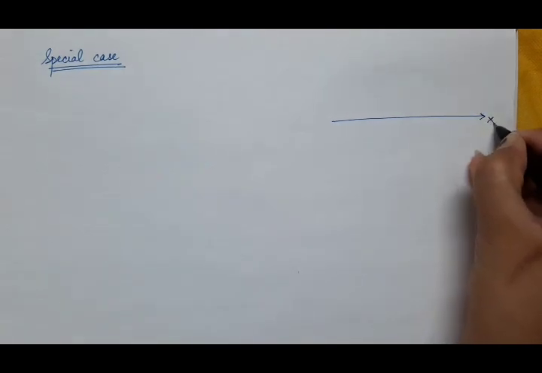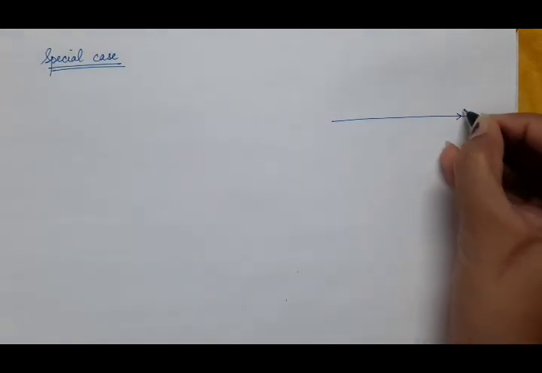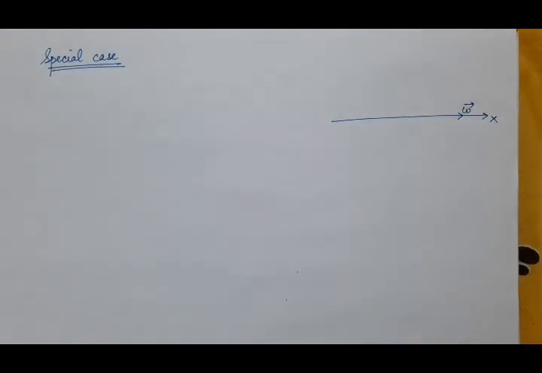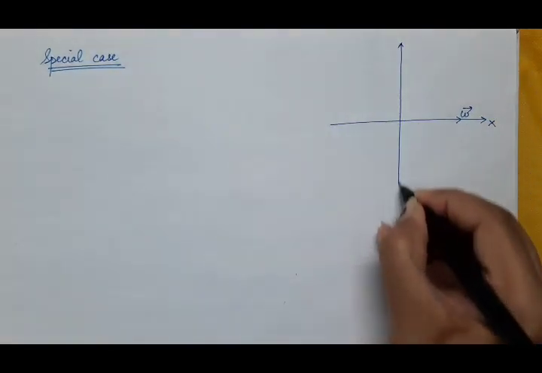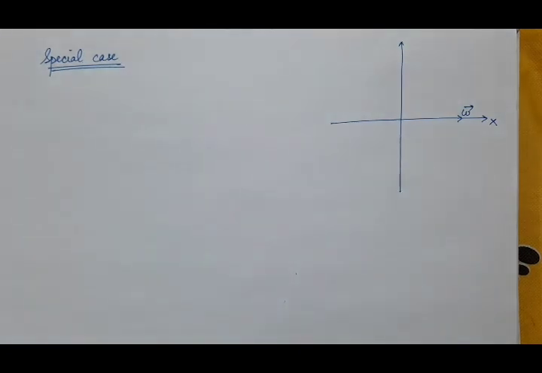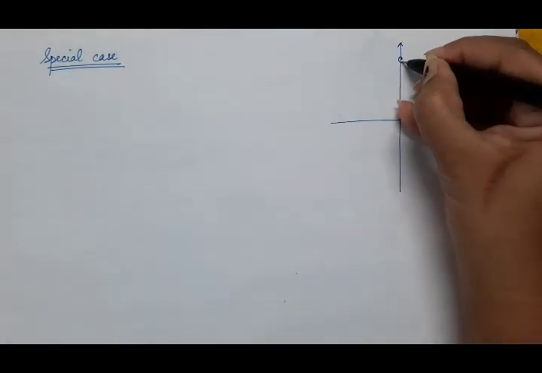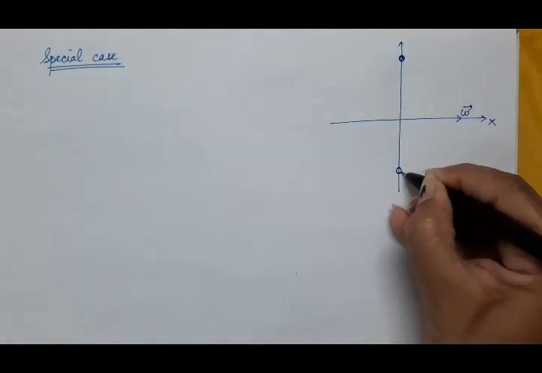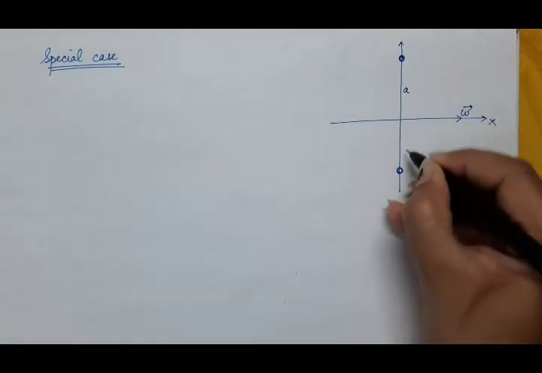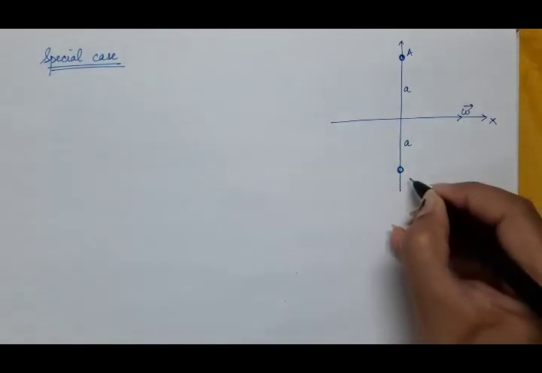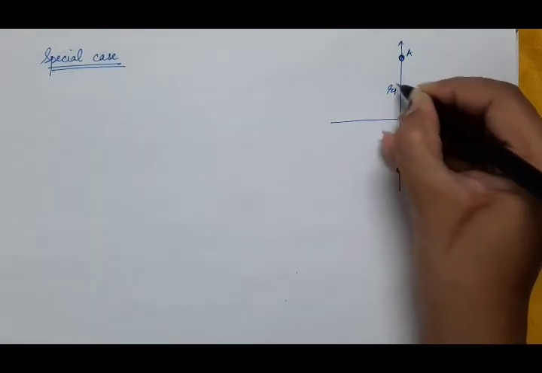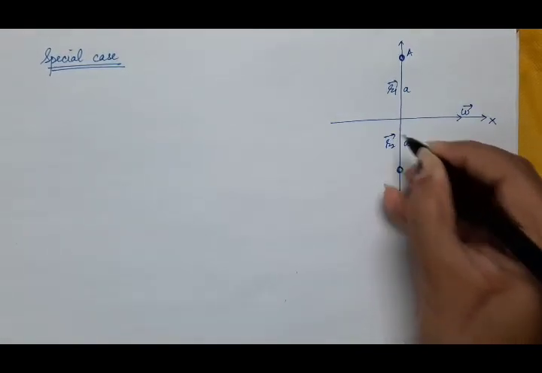Now a special case. This is the axis of rotation of the two particle rigid rotator, and suppose this two particle rigid rotator lies along the y-axis, it lies in this way, it lies here. This is point A, this is point B, and this is R1 vector and this is R2 vector.